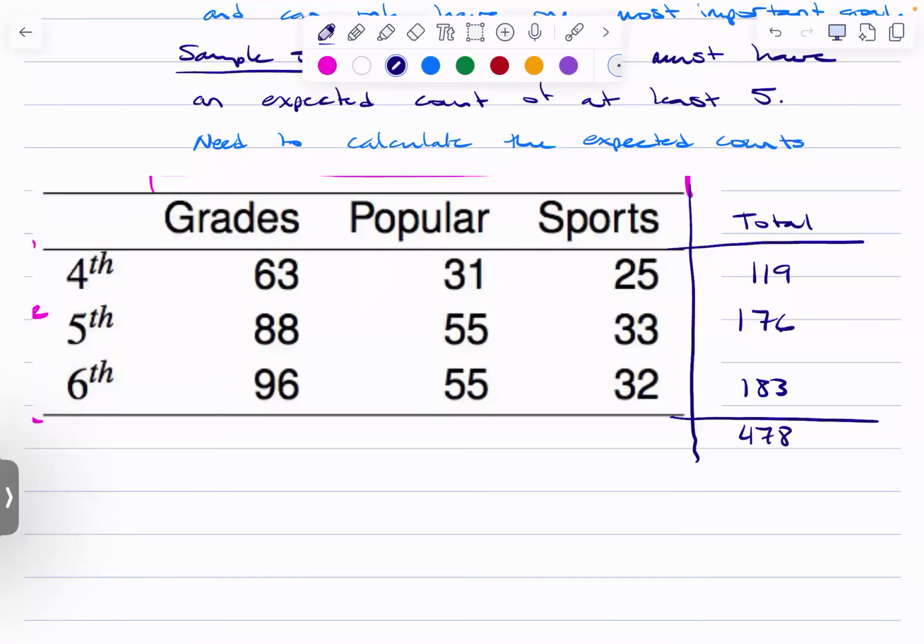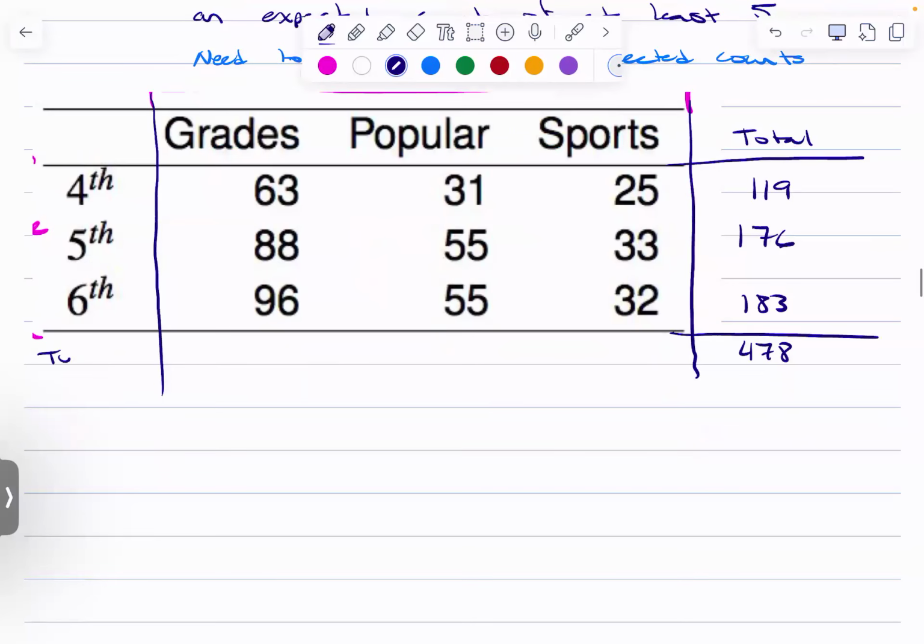Well, I need to do the same thing for the columns. 63 plus 88 plus 96 is 247. 31 plus 55 plus 55 again is 141. And 25 plus 33 plus 32 is 90.